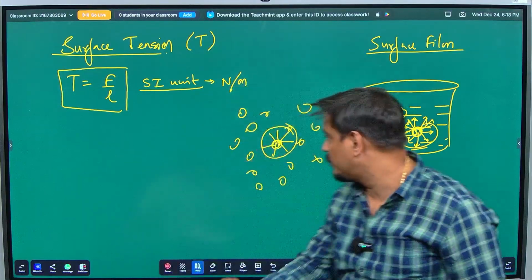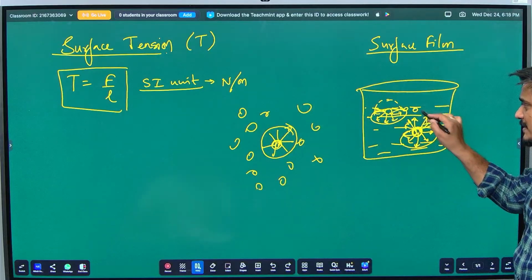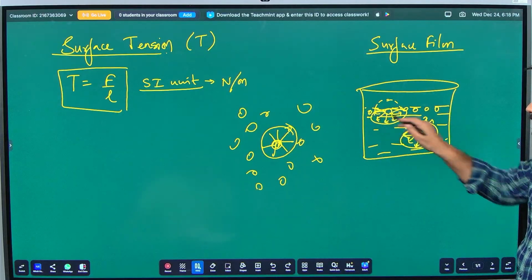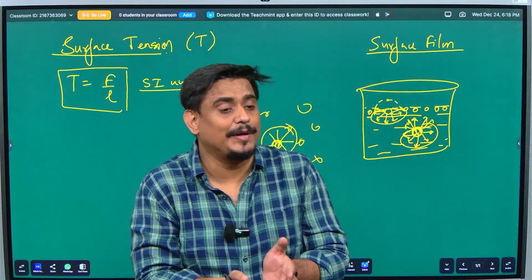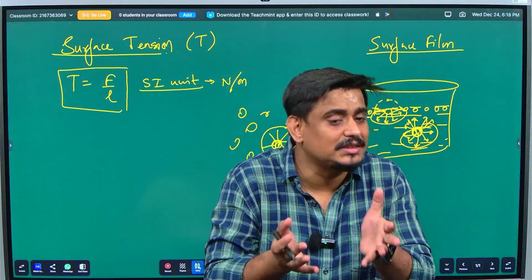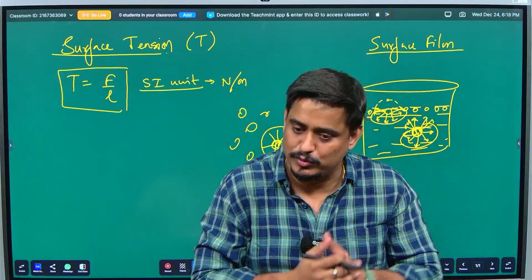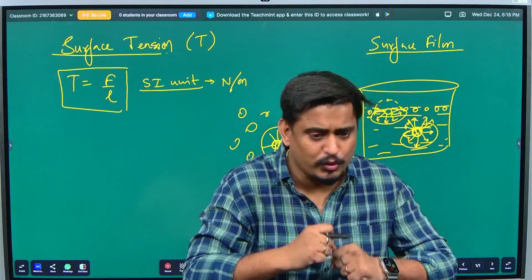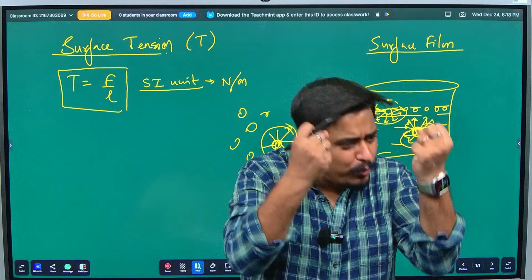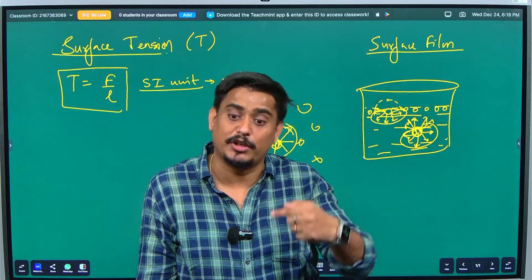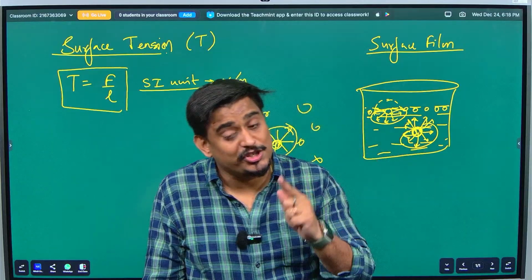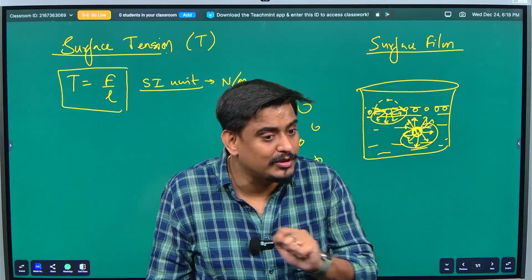Their sphere of influence is such that the downward force is more than the upward force. Since the downward force is more, they are being pulled downwards. Remember that if the force is more, the potential energy is more, and if potential energy is more, it is unstable. Are you aware of this?